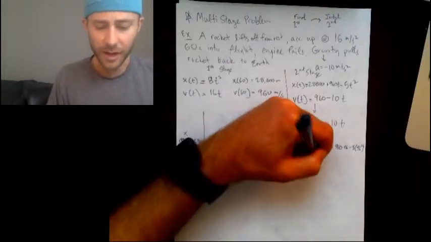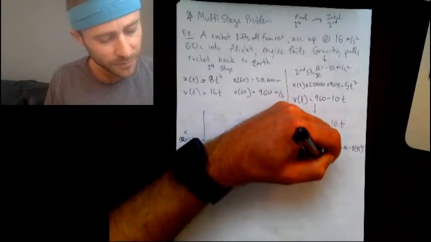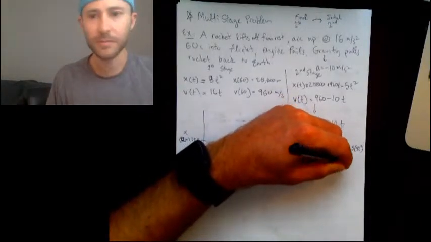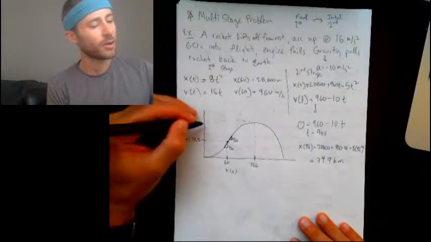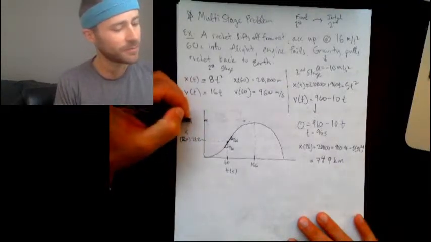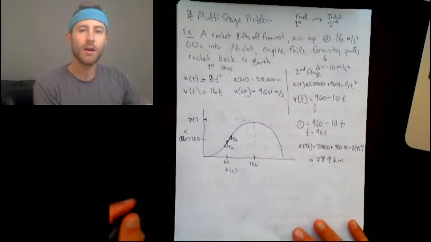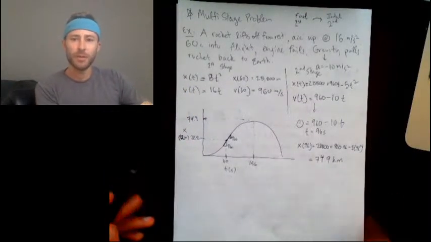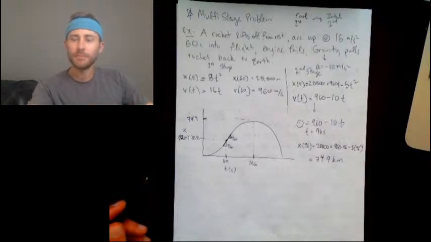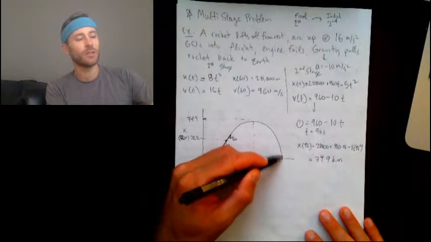So that gives that the height is 74.9 kilometers. So this rocket coasts basically 3 times as high. Another interesting thing to do might be to figure out when it hits the ground.